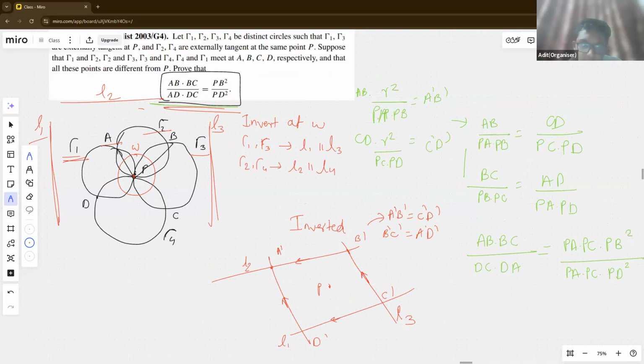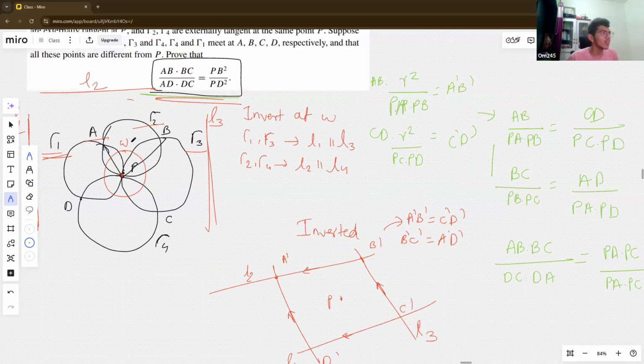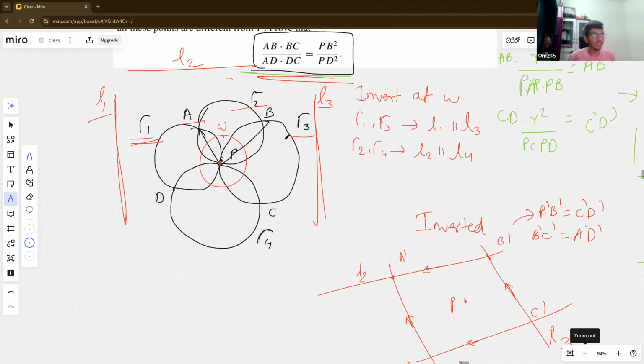Siddharth asked if you can explain why it's parallel again. Okay, because gamma 1 and gamma 3 are externally tangent to each other, if gamma 1 maps to L1 and gamma 3 maps to L3, then L1 will be parallel to L3. If it had another intersection, the circles should have another intersection, but the circles only have P, which maps to infinity.